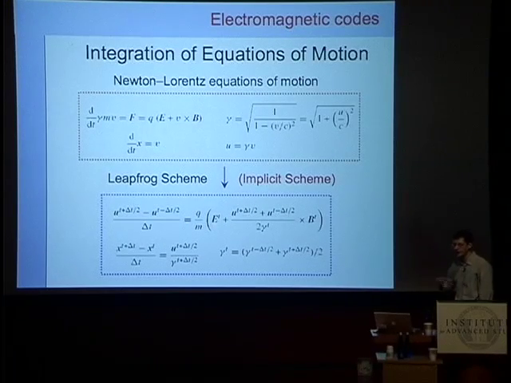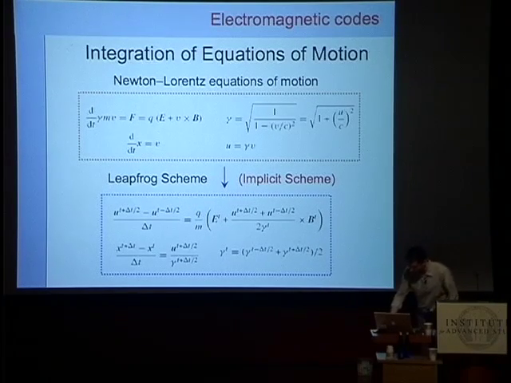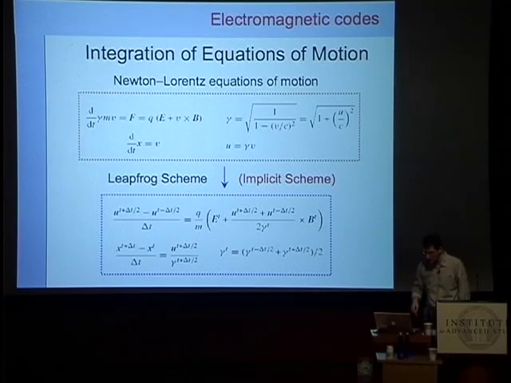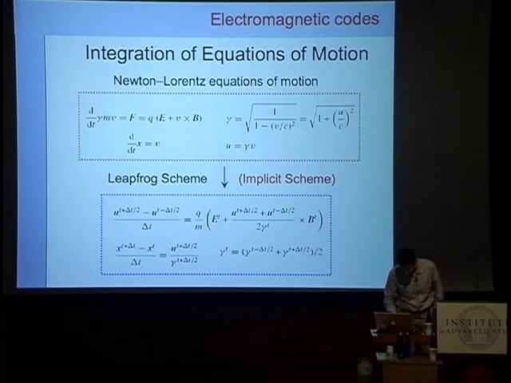So you have to find a way to somehow solve this implicit equation in order to extract the velocity of the particle. Of course, you can go ahead and do something like a Runge-Kutta, where you don't worry about all of this. And you will run into problems. You will not conserve energy very well, and your phase will be off on, say, gyration in the magnetic field.